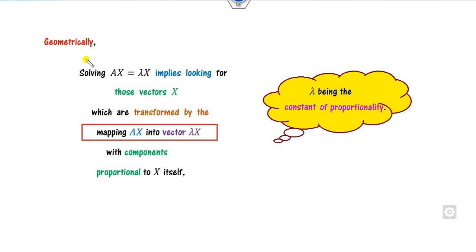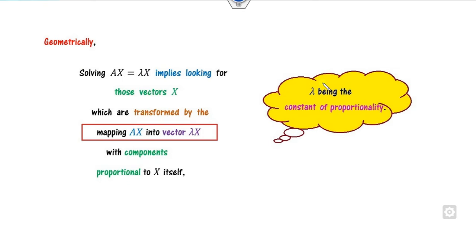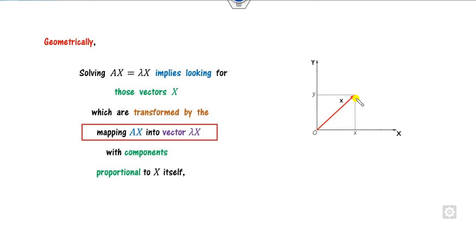What is the geometrical meaning of that? If lambda is the eigenvalue and you have the vector x, lambda can be positive or negative. If it is positive, then you can extend the length. If lambda is 3, then you extend the length by 3 units. If lambda is 1, you extend the length by 1 unit.